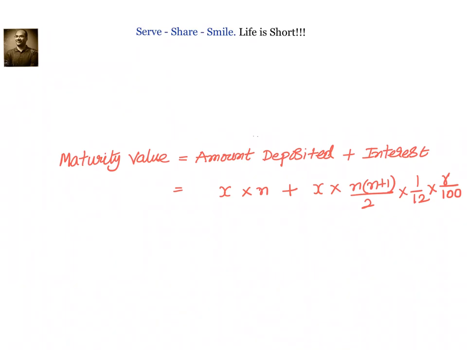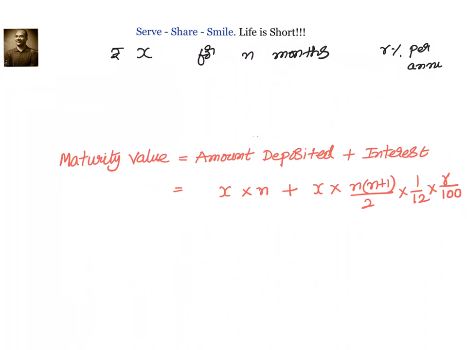Now let's say that suppose we have deposited X rupees for n months and the bank has informed us that we will be paid an interest at the rate of R% per annum.